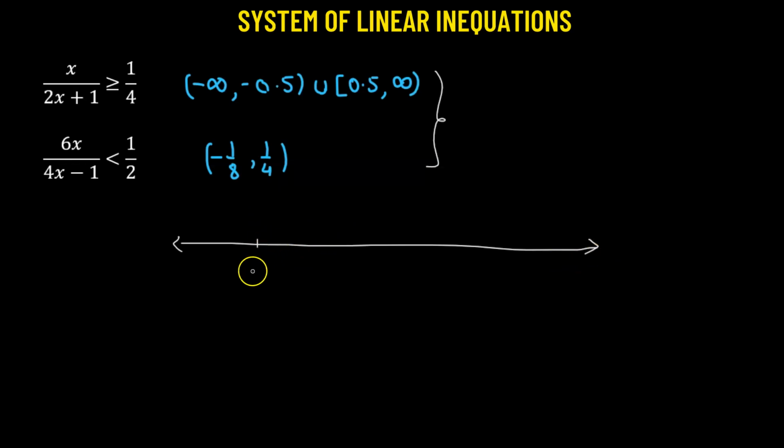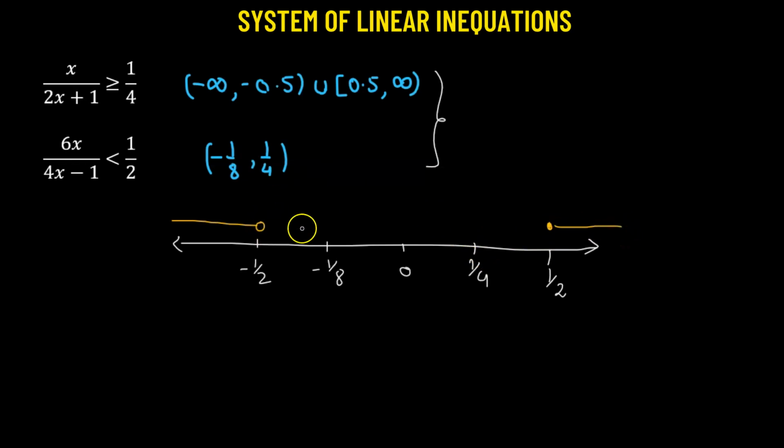So we will plot the points −1/2, −1/8, 0, then 1/4 and 1/2. From the first set of solutions, we have negative infinity to −0.5, and we have the union from positive 0.5 to infinity.